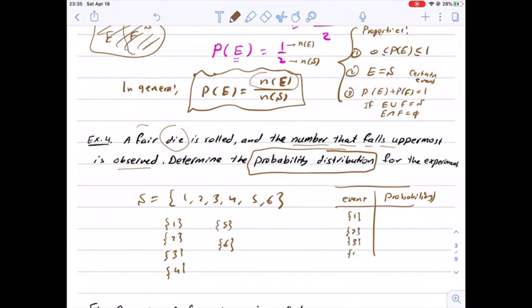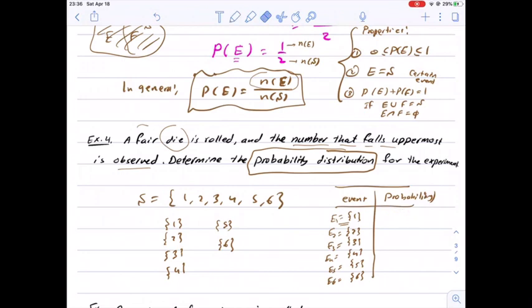Now the first event is getting 1, getting 2, getting 3, getting 4, getting 5, or getting 6. Let's call these events E1, E2, E3, E4, E5, and E6, 6 events.